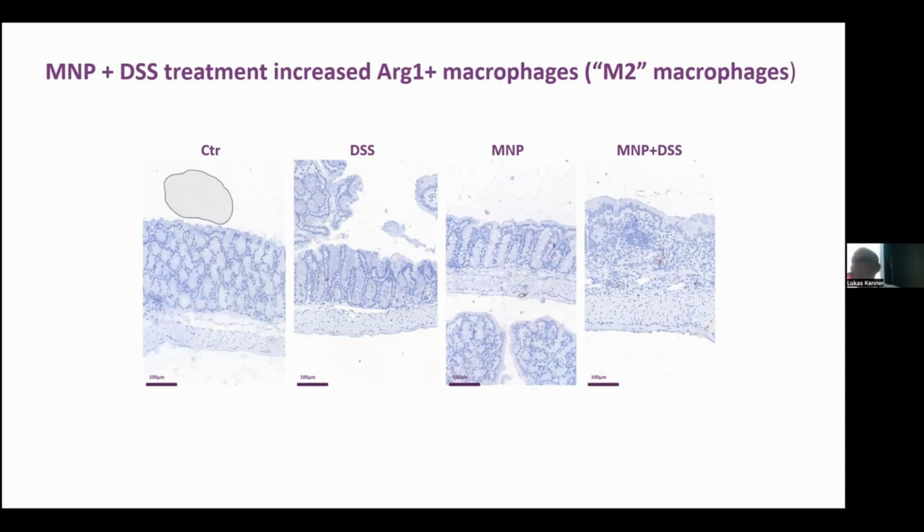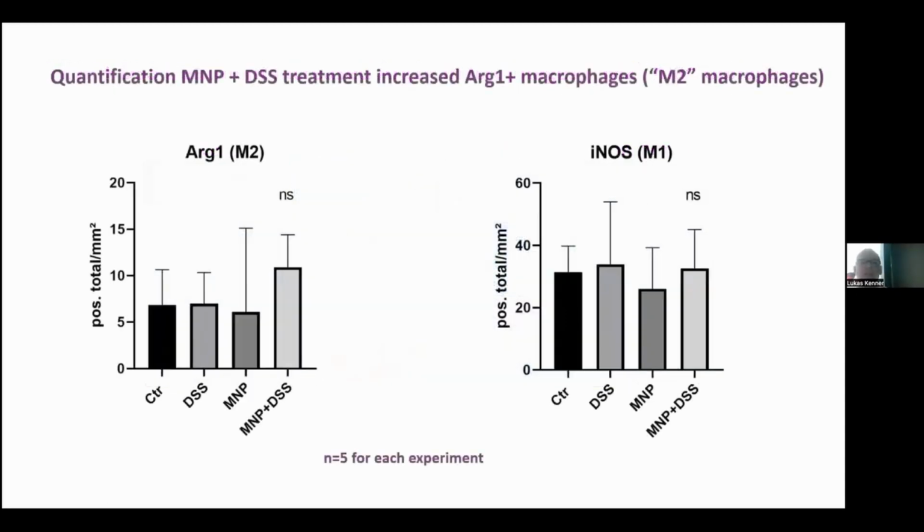This is old nomenclature I learned. So we name them M2 macrophages because they are pro-inflammatory, and you can stain for Arch1, which is a marker for those macrophages, and there are increased numbers of them in the micronanoplastic colitis model, and we quantified that.